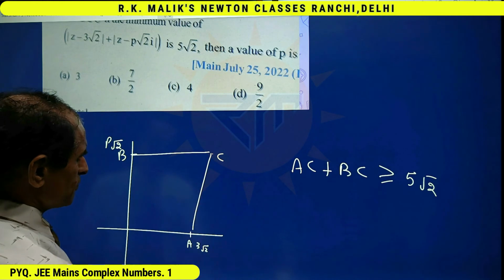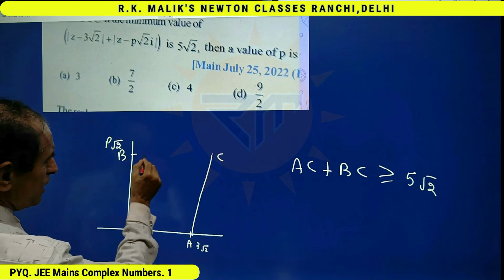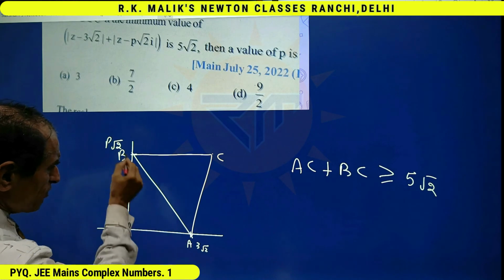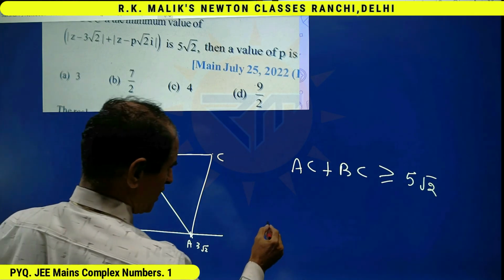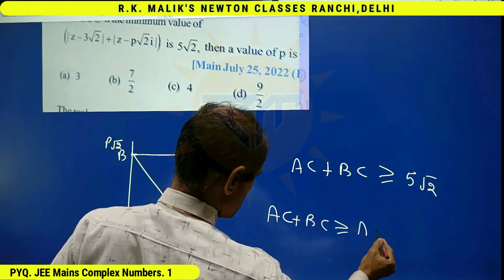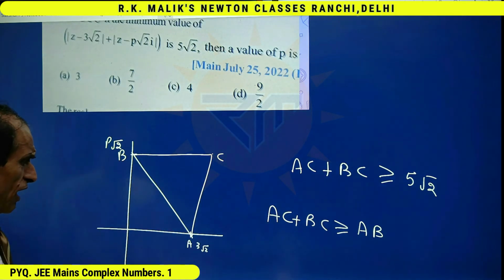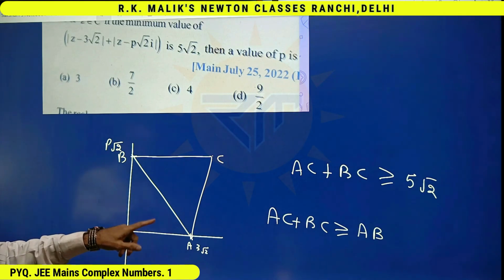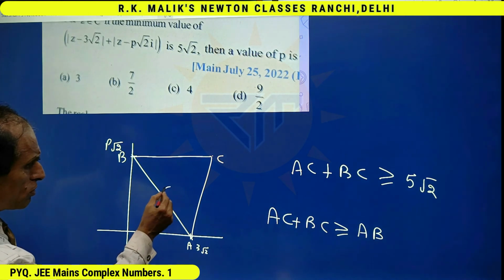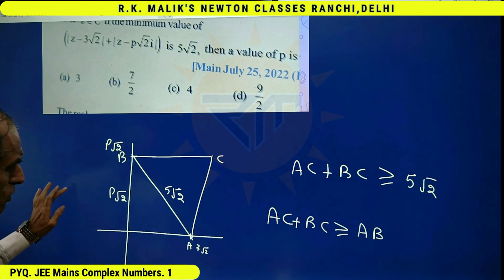AC plus BC minimum. Clearly AC plus BC will be minimum when C will lie somewhere on AB. That is, I can say AC plus BC has the minimum value AB, and this will be there when C lies somewhere on the line segment AB, and the minimum length is given to you as 5 root 2. This is 3 root 2, this is 5 root 2, this is P root 2.